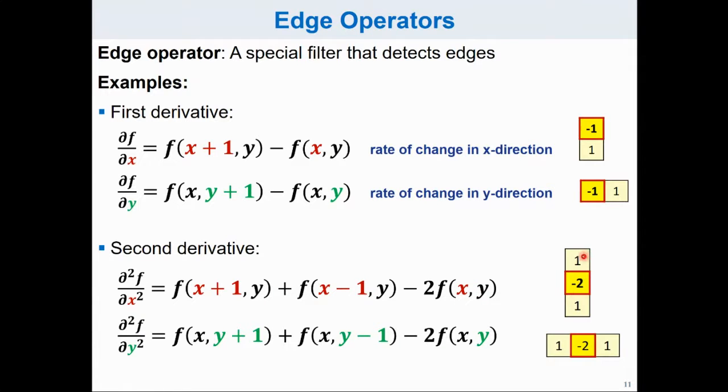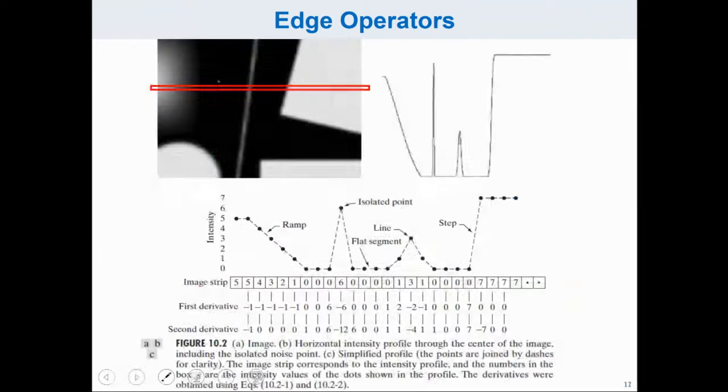So you add the one before, the one after, minus 2 multiplied by the intensity of the pixel, and the same in the y direction. This is the example that we've seen before, and that's very close to what we have seen in the midterm.